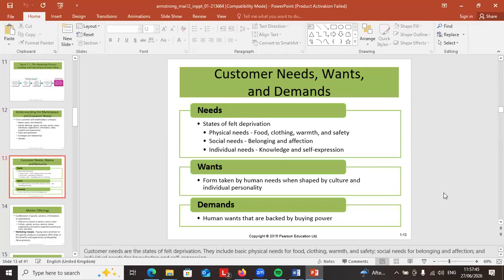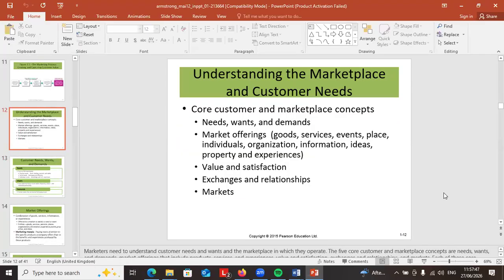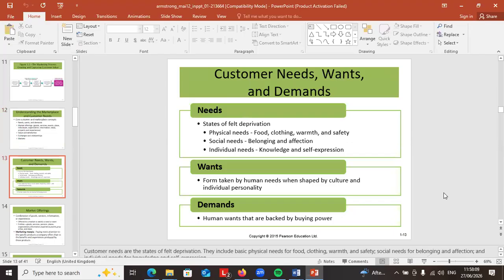And so we want to appreciate or have a fair understanding of this concept, right, from a marketing perspective. Most of you are not new to some of these concepts or terms, but let's get to understand their meanings from a marketing perspective. So we pick the first one, which are needs, wants, and demand.